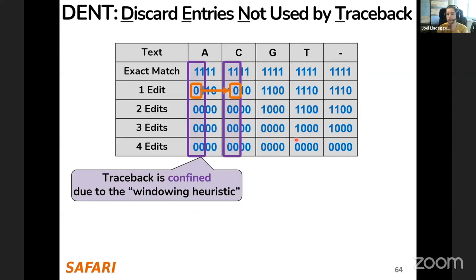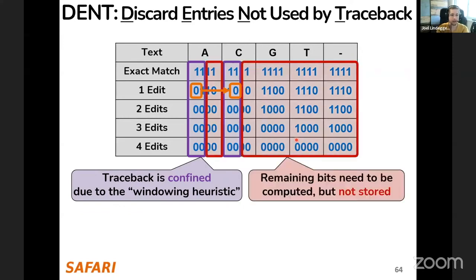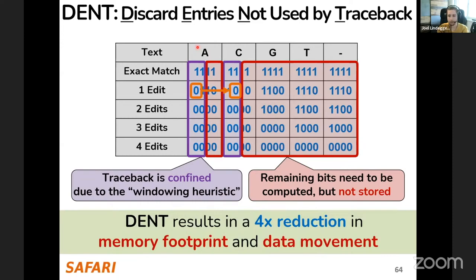And for a large table, it's about half the bits. The remaining bits are never reached, and they do not need to be stored. They do need to be computed because the purple bits depend on them with data dependencies, but they do not need to be stored for later traceback. And just discarding them after computation gives a 4x reduction in memory footprint and data movement.